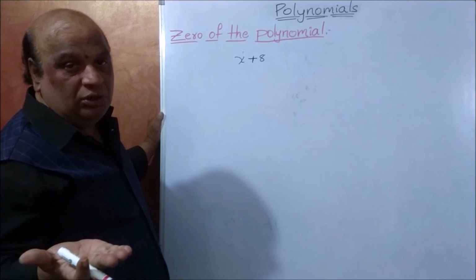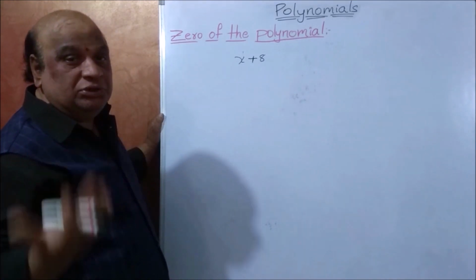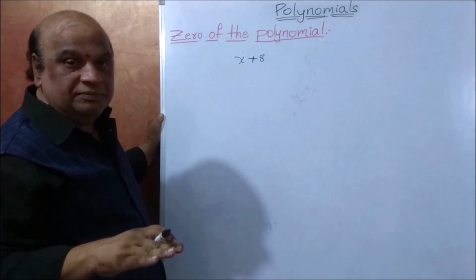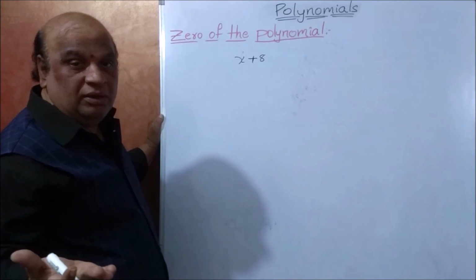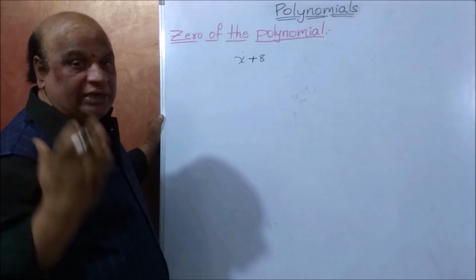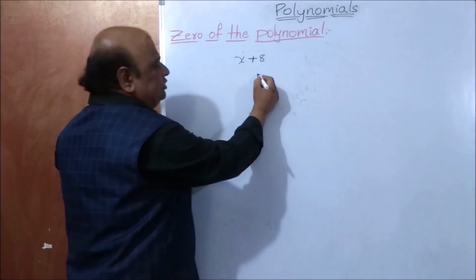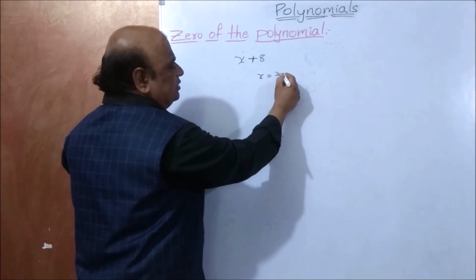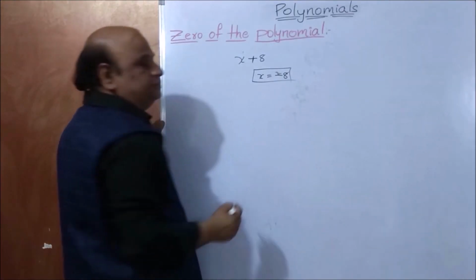So we are not getting 0. Suppose in x's place we substitute minus 1. Even then we are not getting 0. So at what value of x do we get 0? It is nothing but x is equal to minus 8.